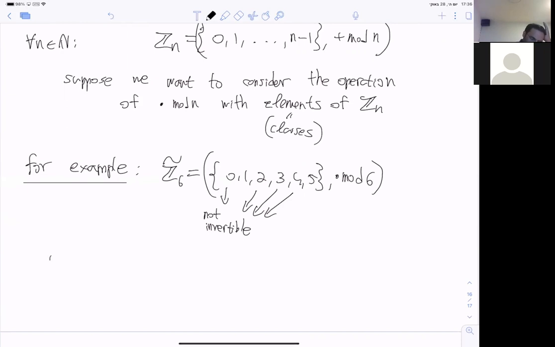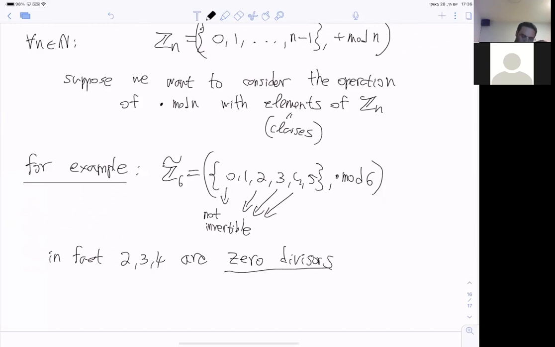In fact, 2 and 3 and 4 are what we call zero divisors. What do I mean by zero divisors?